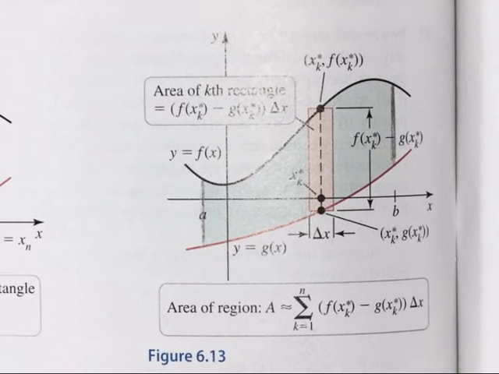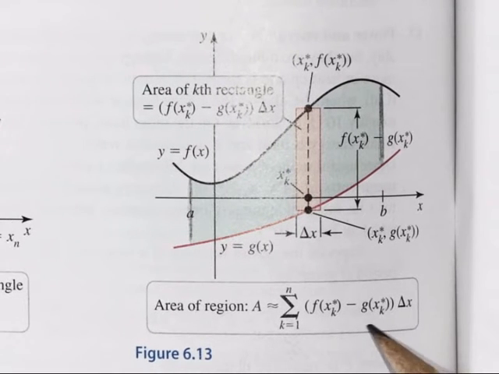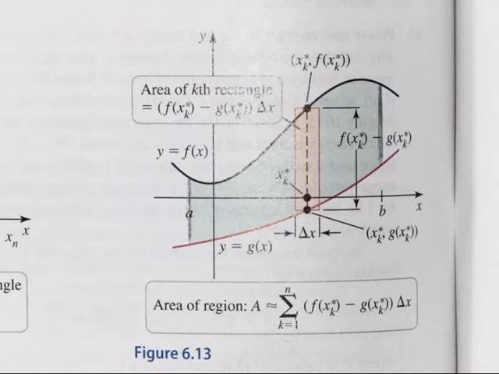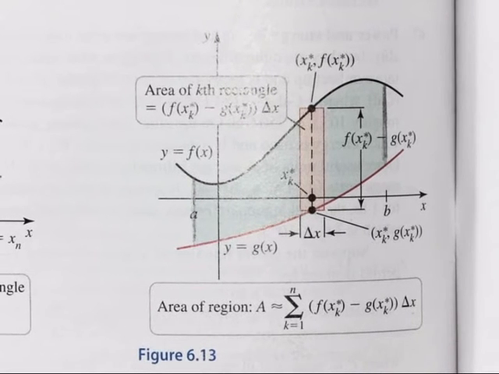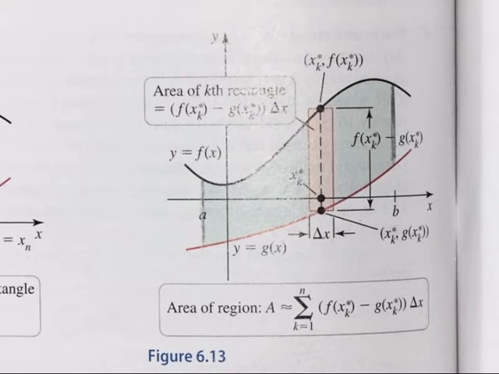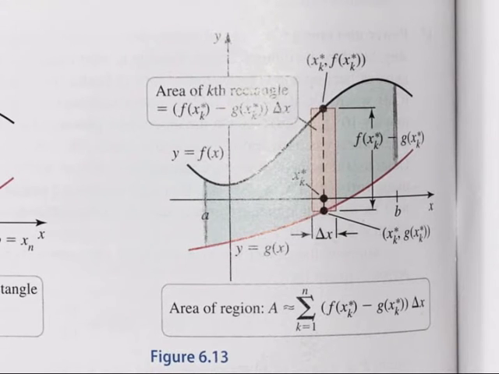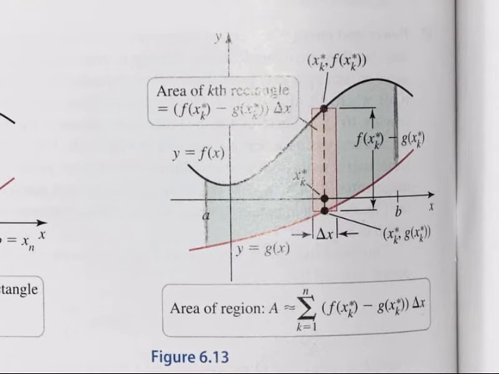And of course, length times width gives me the area of each rectangle. Once I find the area of all those rectangles and sum them up, that gives me an estimate for the area of the region. So that's the conceptual idea behind this definition, going back to Riemann sums.